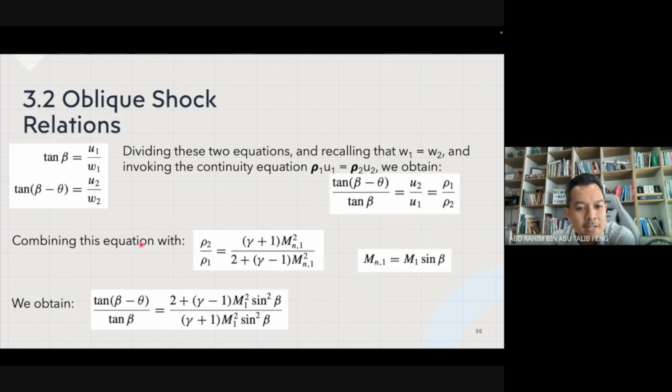And combining this equation with our earlier expression of Mn2 over Mn1 squared, with the density ratio as well as Mn1 equal to M1 sine beta, we then obtain this particular expression.